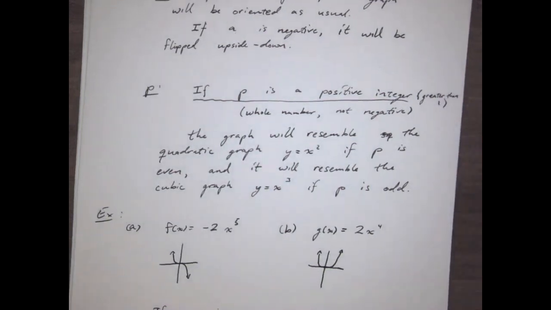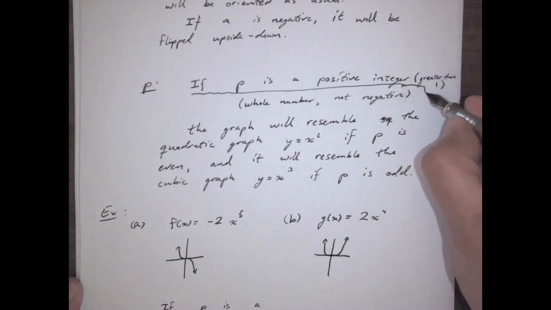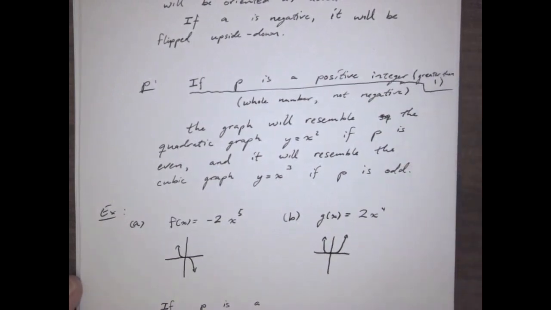This is a special case. A power of 1 just means it's actually just the identity function, f of x equals x.